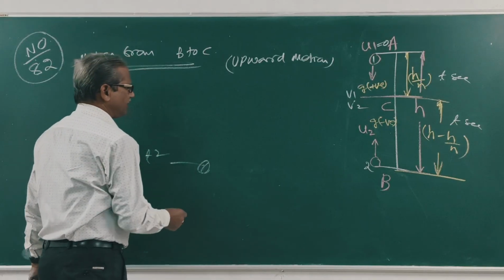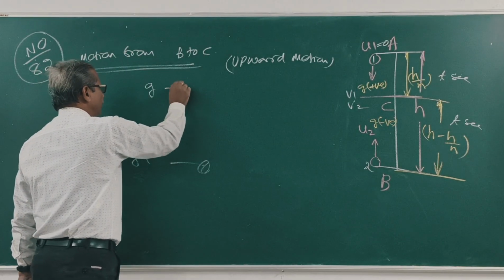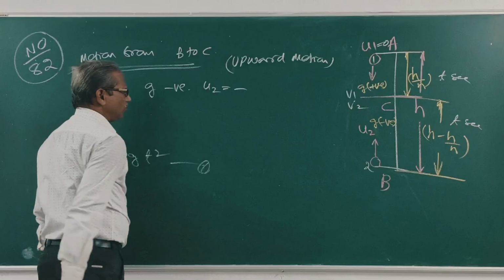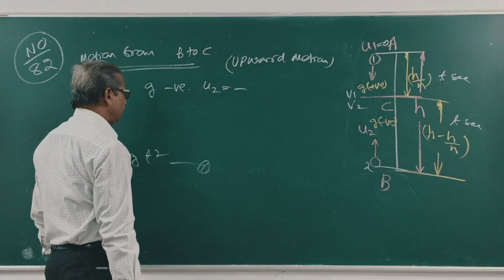From B to C, g is negative and we find u2.